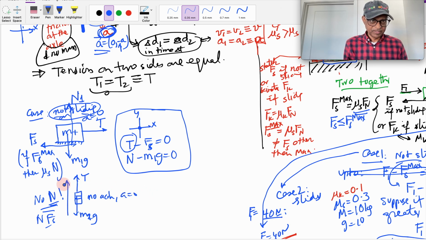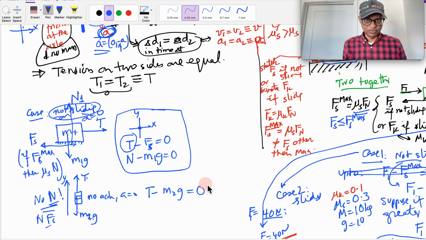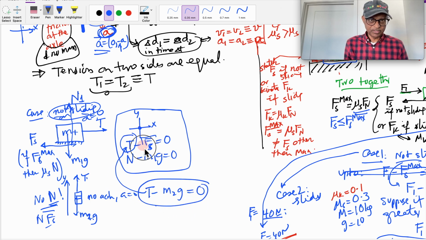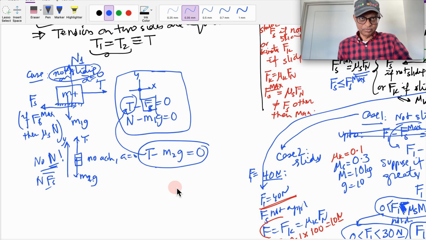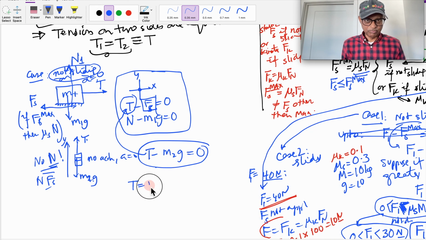With the y-axis that way, T minus M2g equals 0. So here we got the T, which we can plug in here, and we can figure out what the static friction is. Immediately you get T equals M2g, Fs equals T equals M2g, and N equals M1g.